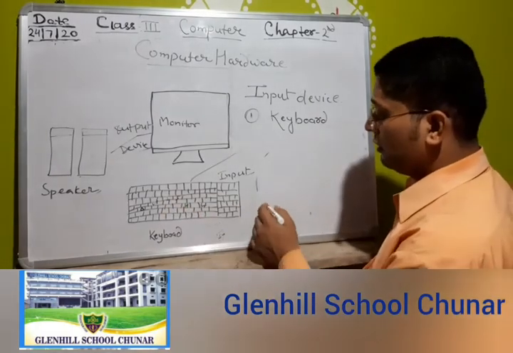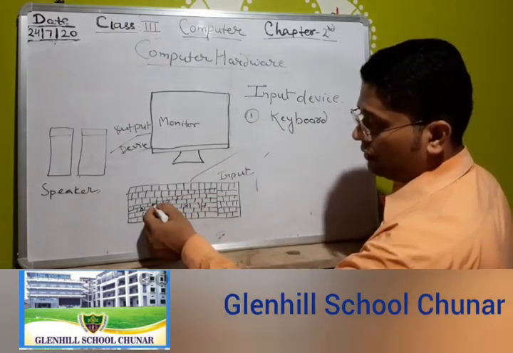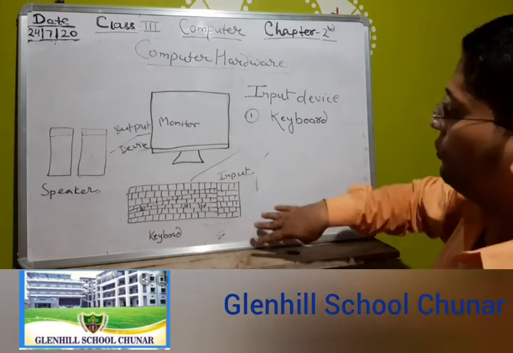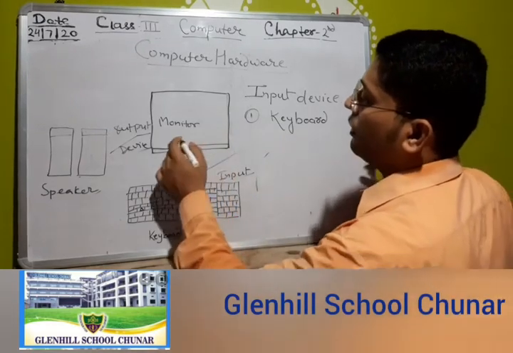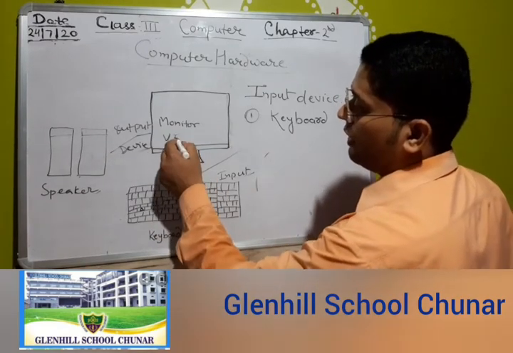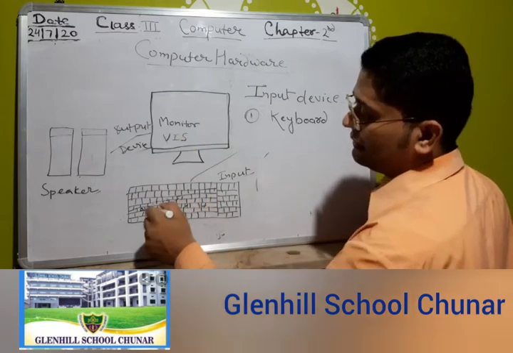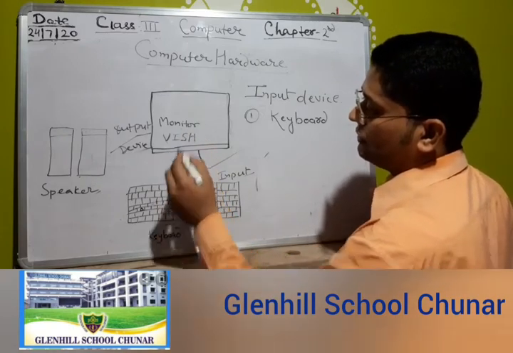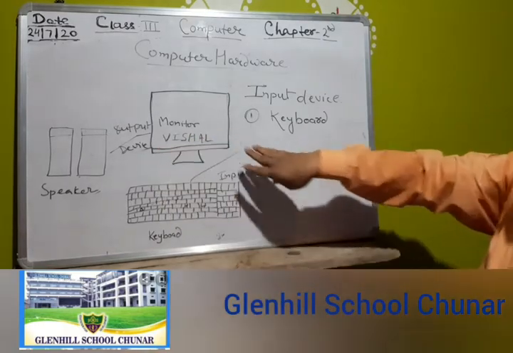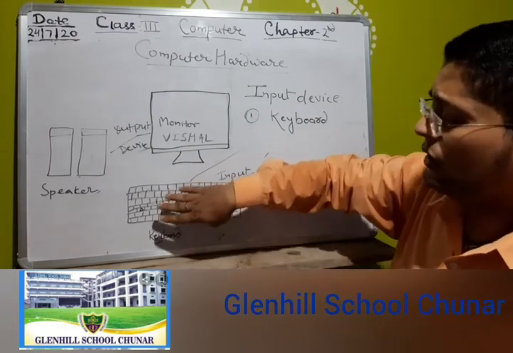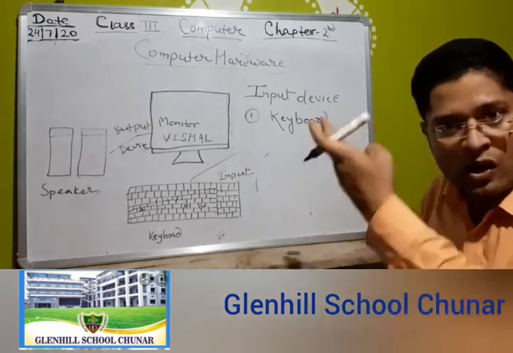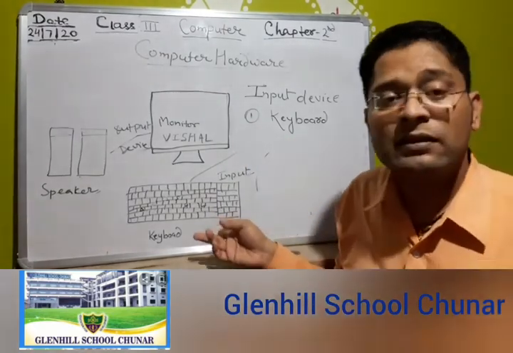Type first V. Your data goes to the processor, and after processing comes the output. Then you press I, then S, H, A and L. Your data or information shows on the monitor. The monitor is an output device and the input device is the keyboard.